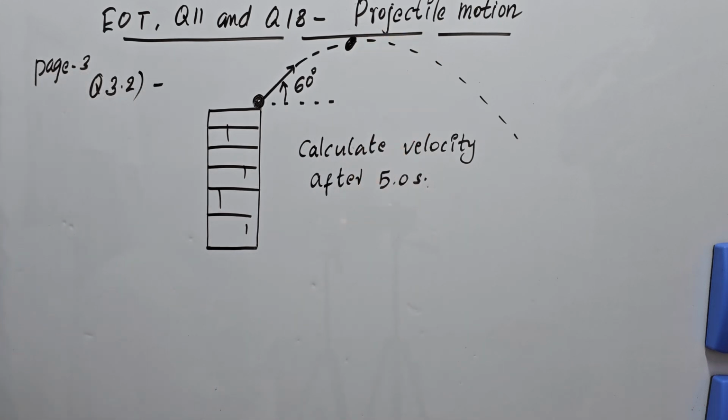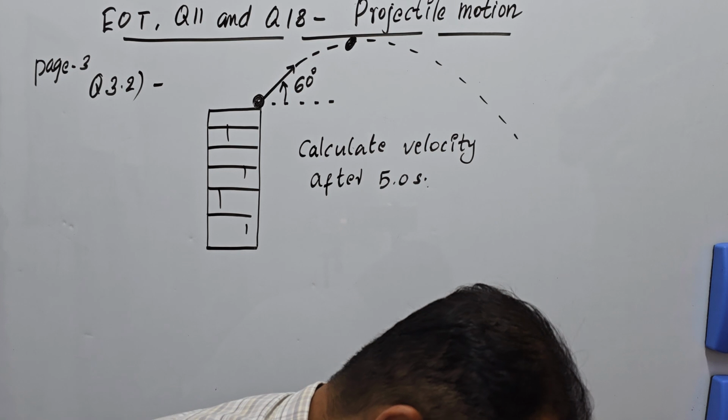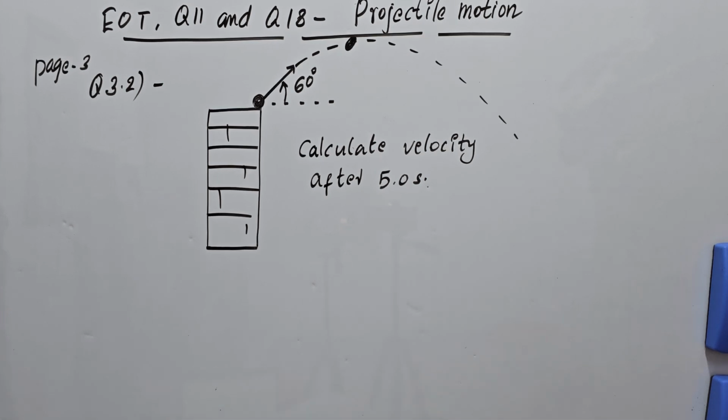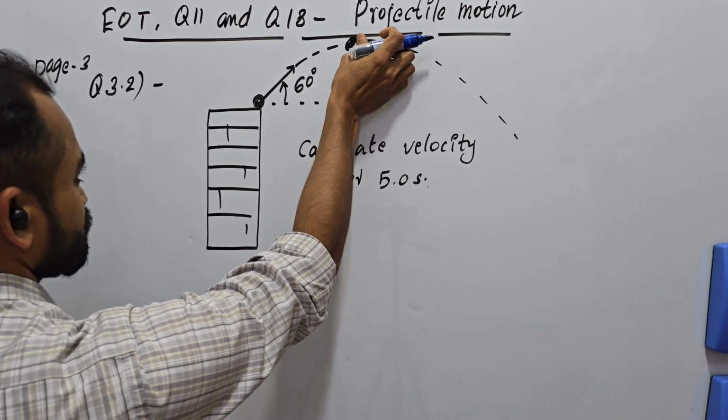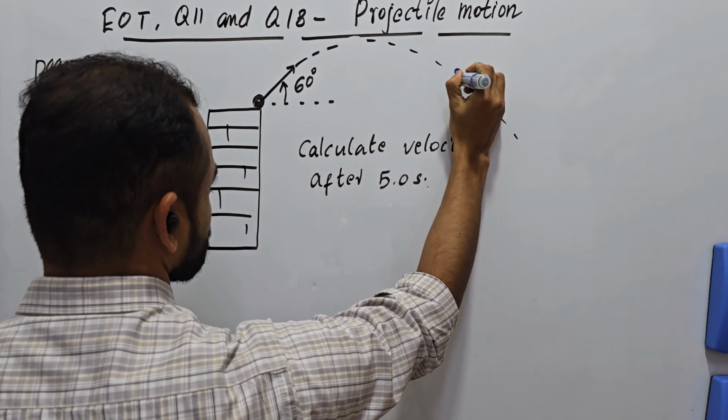So the projectile will have horizontal velocity and vertical velocity. This is not at maximum height, so I will draw it here.